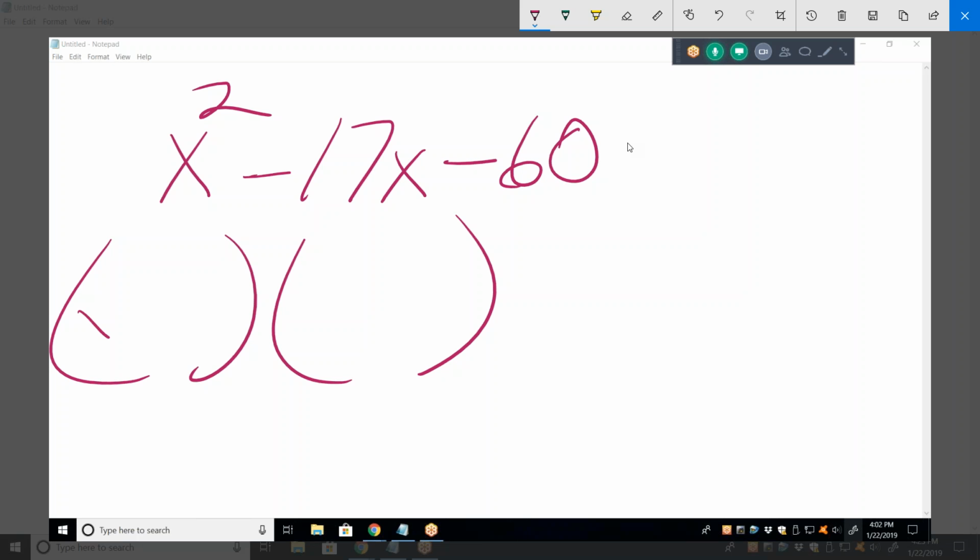Yeah, you can say x and x. Second step. Make the sign, so plus and minus. And again, it doesn't matter if I write minus plus or plus minus. Third step. Find the factors of 60 that subtract to 17. Now that's a little bit more difficult.